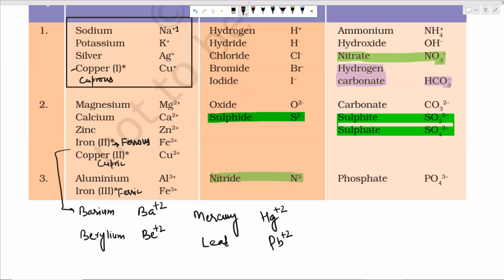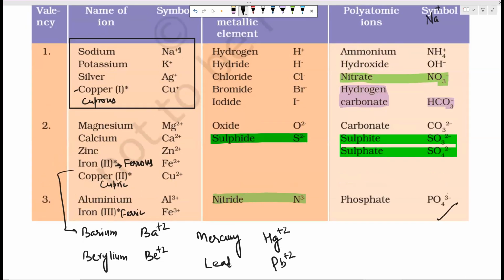So I'll write all of these remaining ones outside the chart, okay? You have written almost all up to here. When you are writing, just pronounce its name.